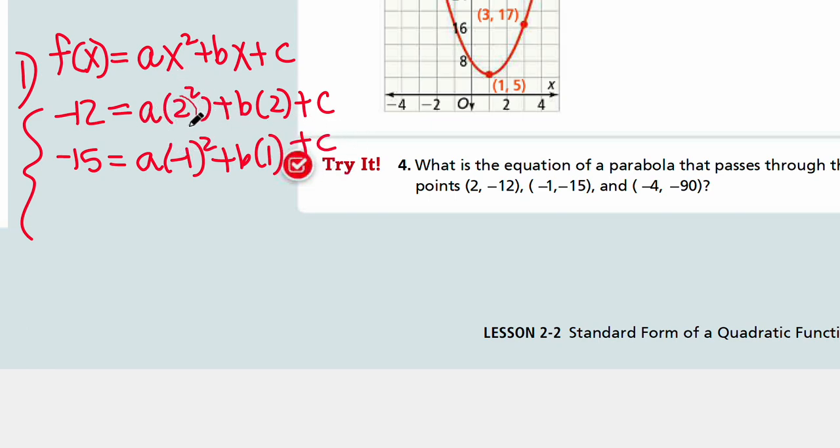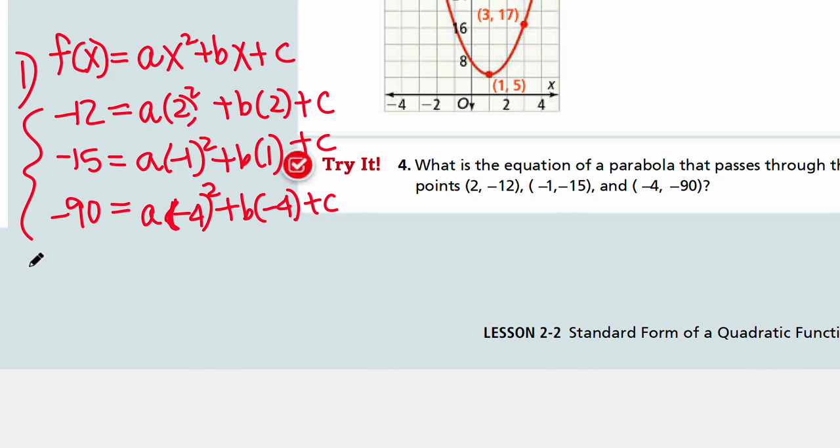Oh, this square should be outside of parentheses. Technically, it's different. And then the last one, -90 is equal to a times (-4) squared plus b times -4 plus c.